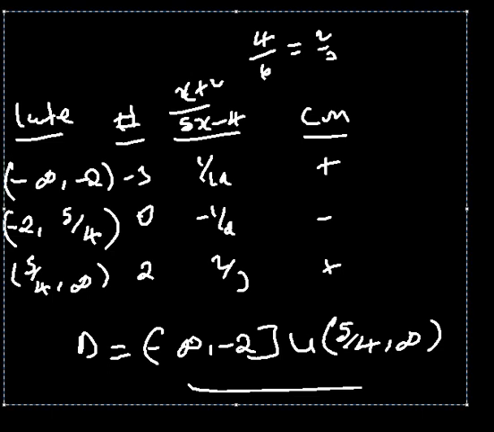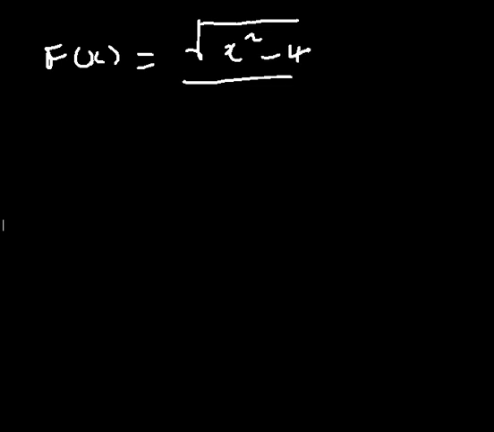And what if we have this kind of a case? Try it on your own time. Let's say I have f of x equal to the square root of x squared minus 4, divided by the square root of x squared minus 25. How do you think we should handle this? Try that one at your own time.